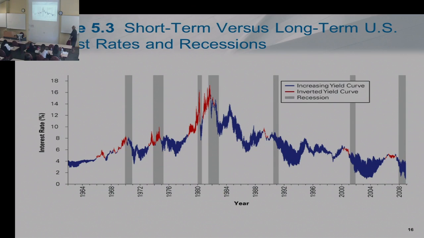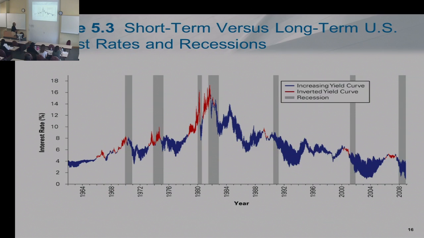And if you look at America as a forecast for recession, 1, 2, 3, 4, 5, 6, 7. The last 7 recessions in America have been preceded by a period when the yield curve was inverted. Not always straight away, and not necessarily, and sometimes at the same time.